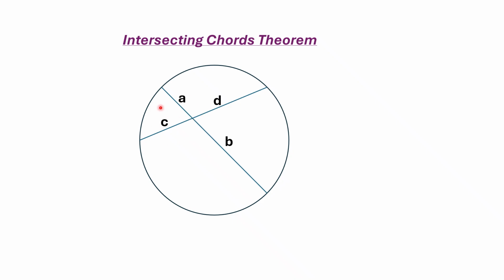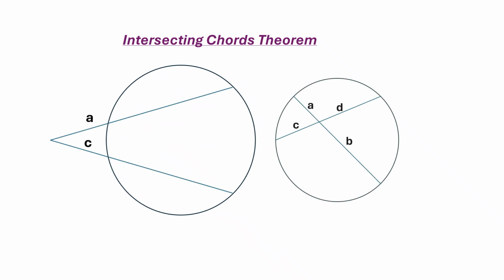They sometimes intersect outside the circle, not just inside. They can intersect like this. So in this case, the small external part outside the circle is A, and this external part is C. These are called secants because they intersect outside.